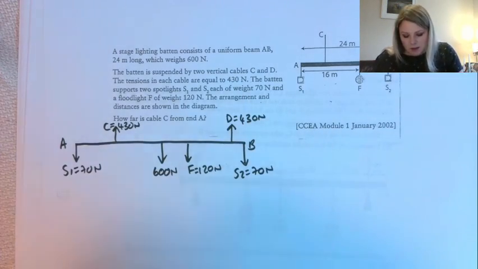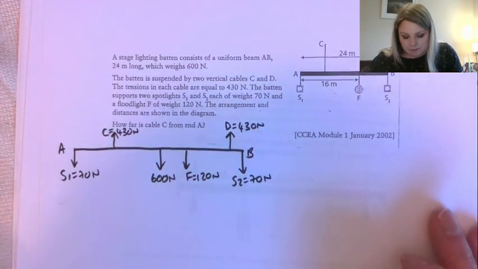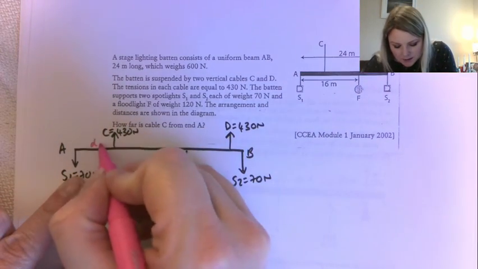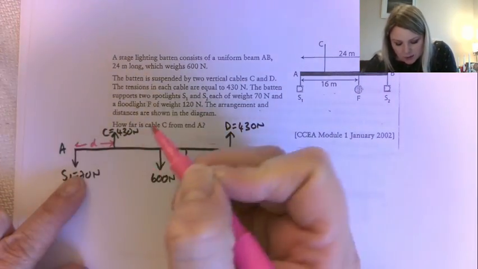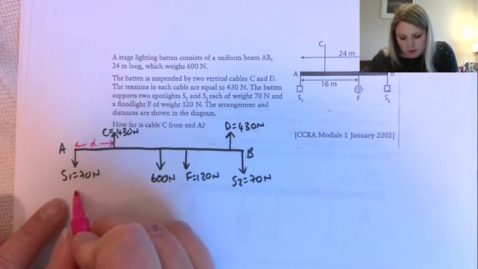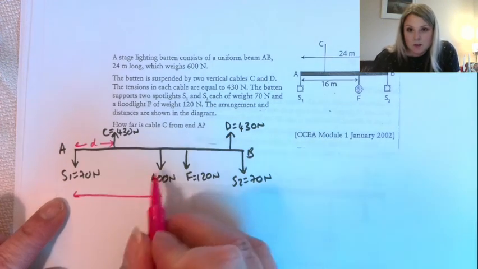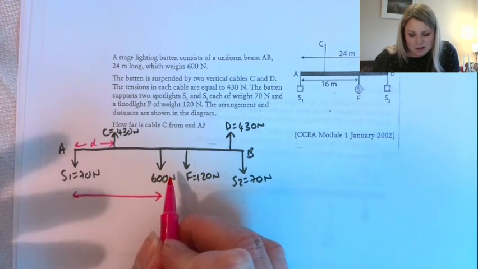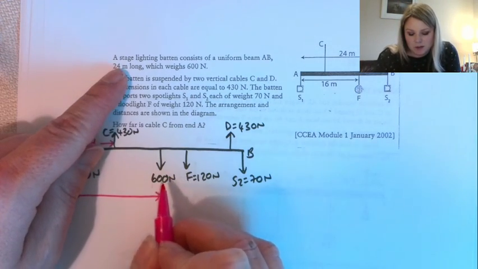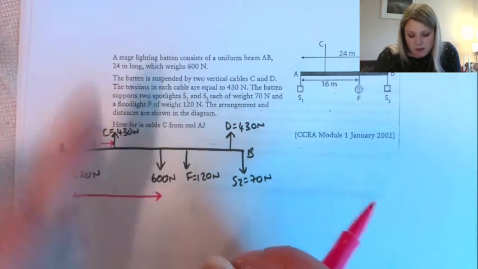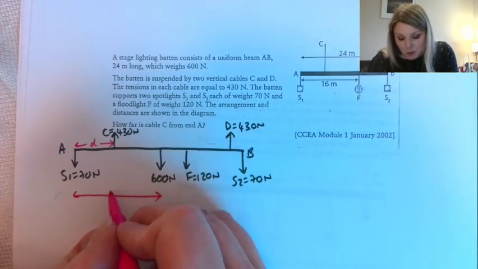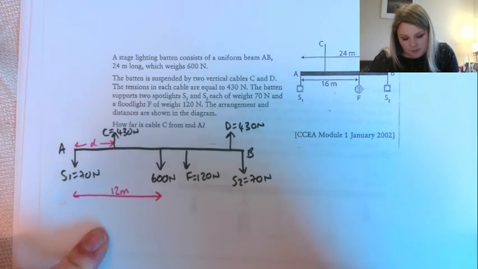So let me see. This distance here is what we're being asked for, so we don't actually know that. The next one along is to the 600 newtons. Now this was the batten's weight, and we were told that this was 24 meters long, and we were also told it was uniform, so we know the weight is going to be acting at 12 meters from one end.